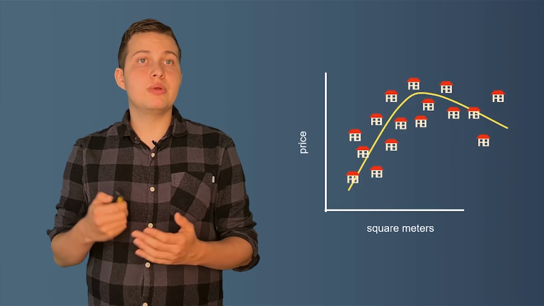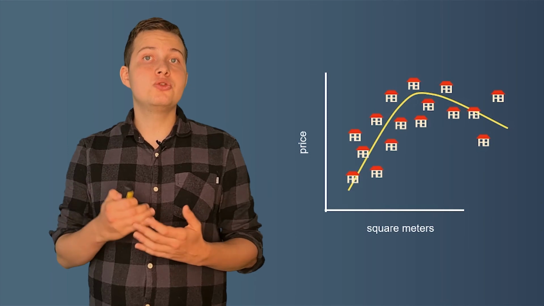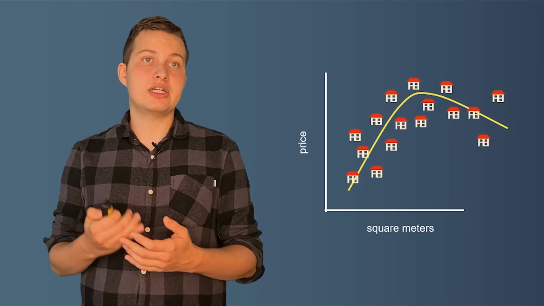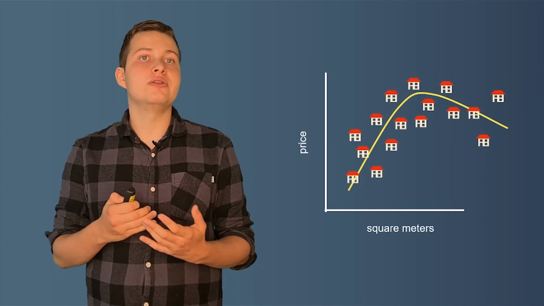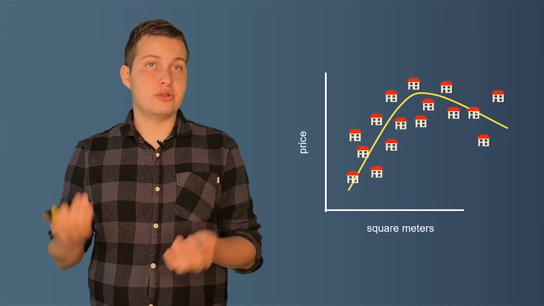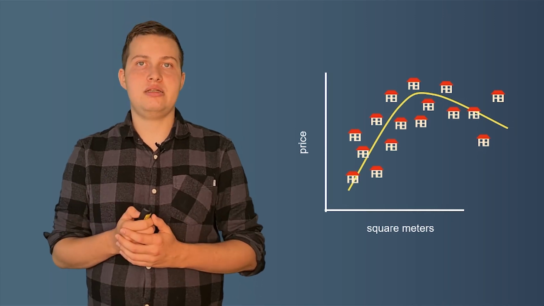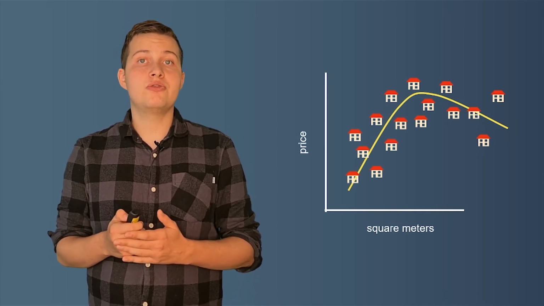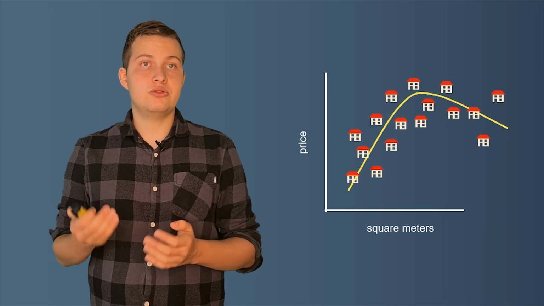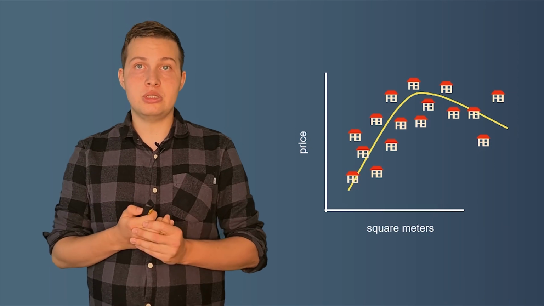In practice, we will often have a hard time approximating data. That's why we tend to use more complex mathematical functions to describe the relationship in the training data. Whether we use a straight or a different function, this obviously isn't a very realistic data set. Most of the time, we have more features to take into account, such as the location of a house, its year of construction, and so on.